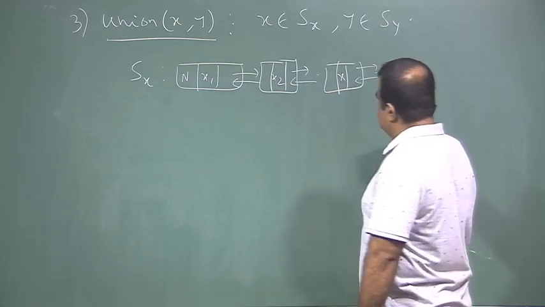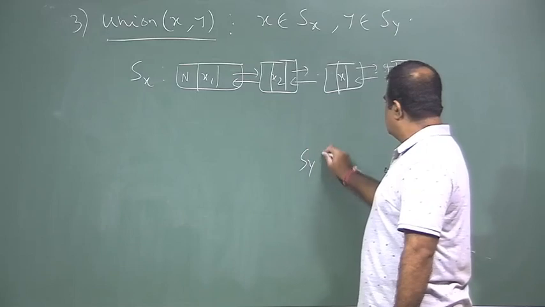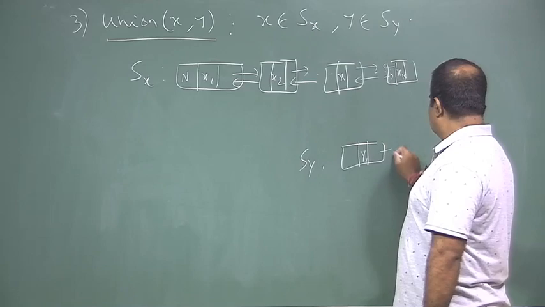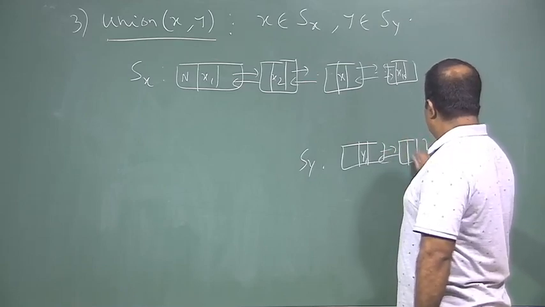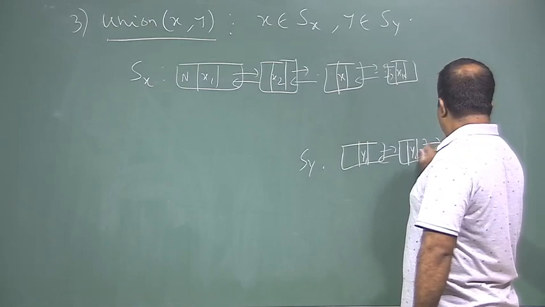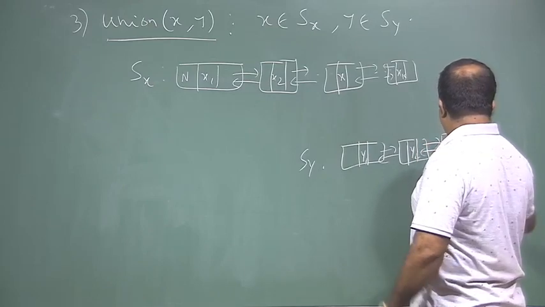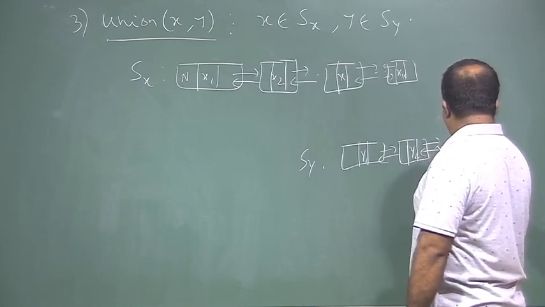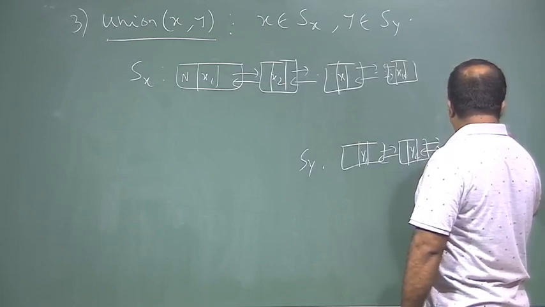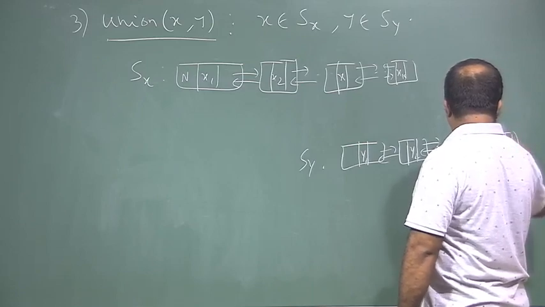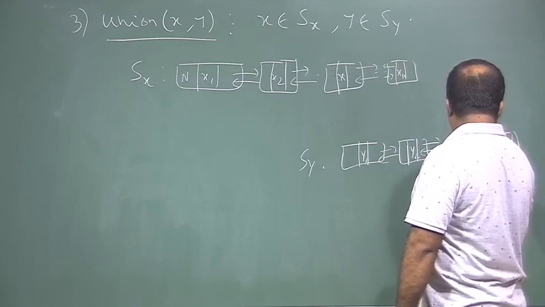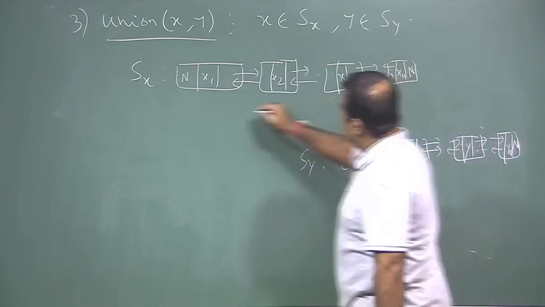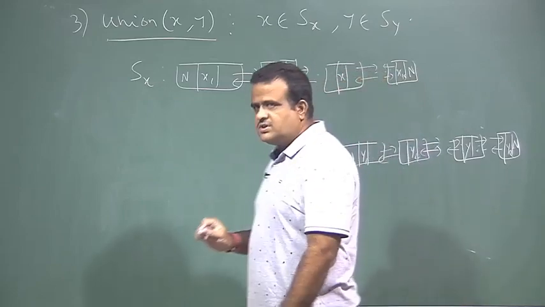So, this is the S x and we have S y, say we have y 1, we have y 2, dot dot dot. So, somewhere y is here, y is one of the element in this set and the last element is say y l. So, this is null, this is null, this is null, this is null. So, this is the two set S x and S y.